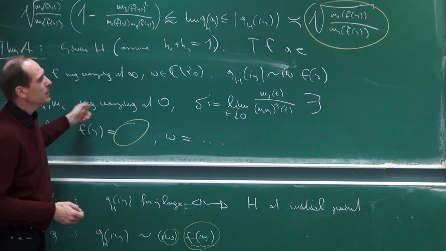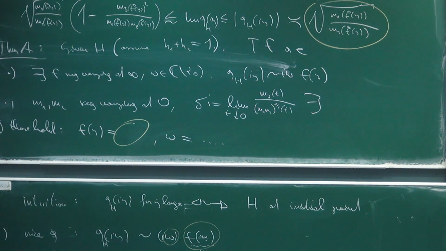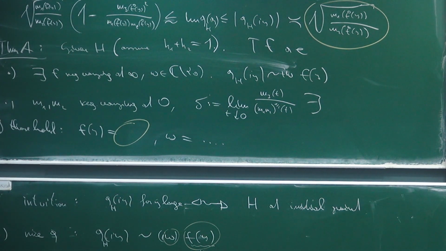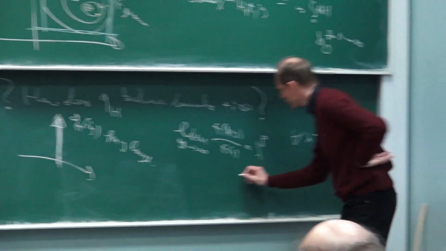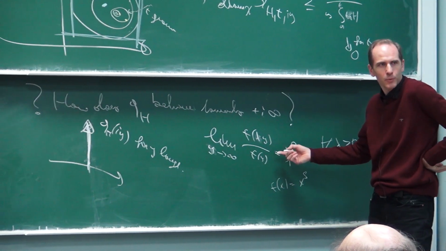Yes, the proof of that, maybe I should just also once write down what is regularly varying, just so that you see. The limit for y to infinity of f of lambda times y over f of y is lambda to the rho, for lambda positive. So you see, if f of x were the power x to the rho, then that would be just a trivial equality.